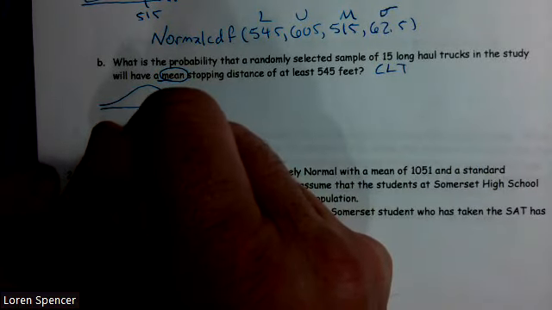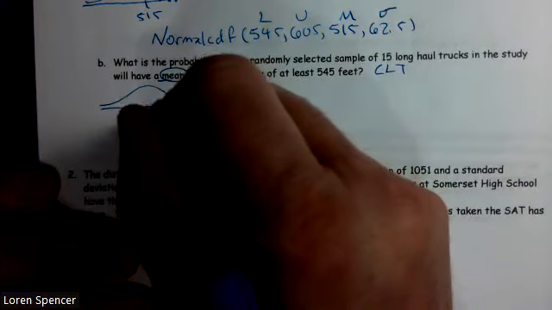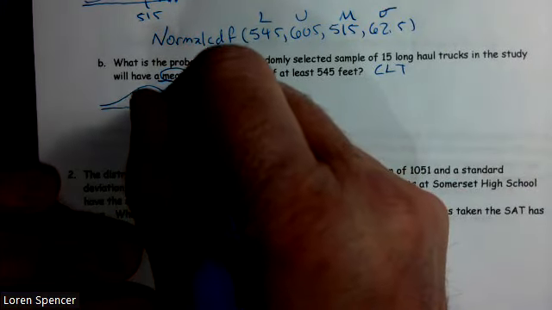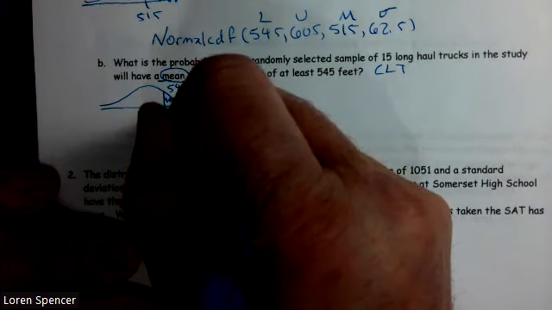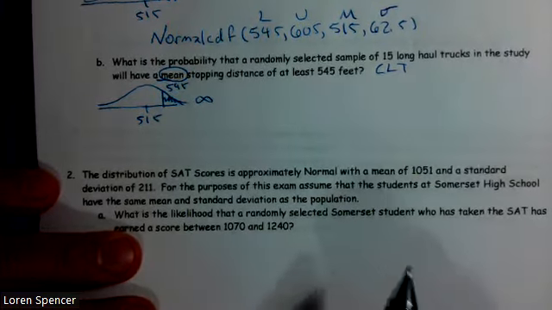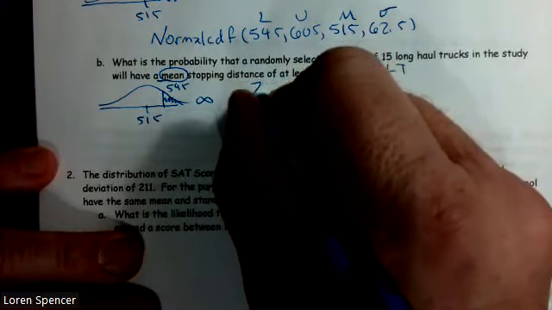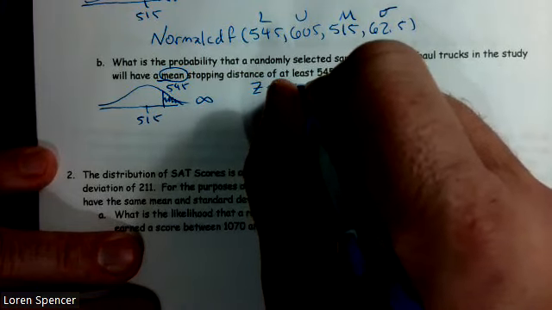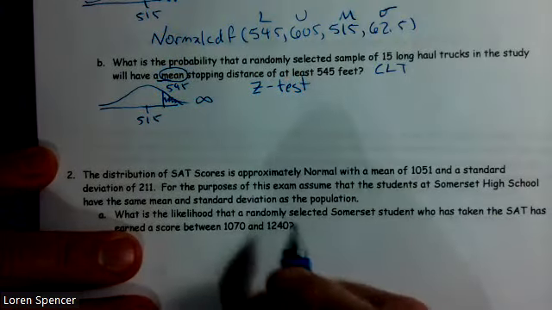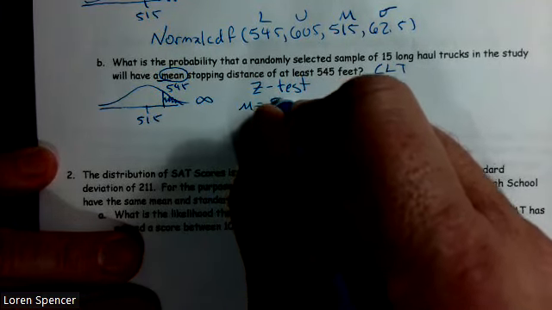This is still 515, and we want 545 or more, and we're going to go all the way to infinity. Because we're working with the central limit theorem, this is going to be a z-test. So we're going to write down stat, test, z-test. The calculator is going to ask us for the mean, which is 515.